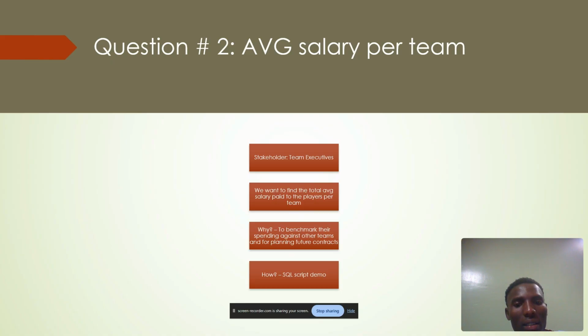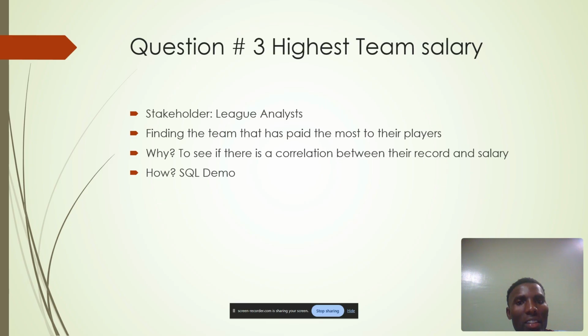Next is the highest team salary. The stakeholder responsible is the league analyst, and the question is to find the team that has paid the most to their players.